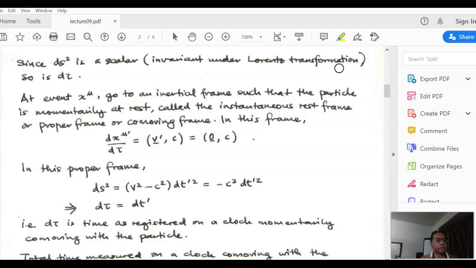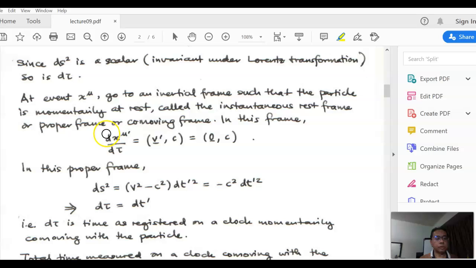So it's a convenient parameter for us to use to define vectors, for example. Remember that we had the tangent vector as dx^μ/dλ. So instead of using dx^μ/dλ, we'll have dx^μ/dτ instead.